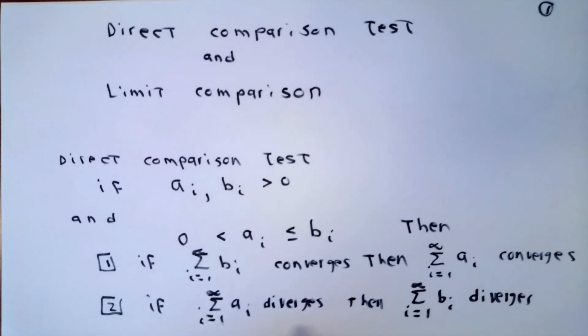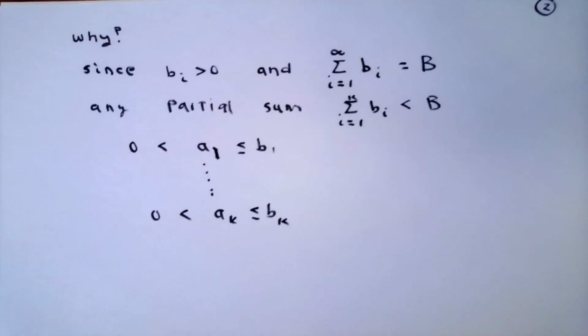If the sum of the a_i diverges, then the sum of the b_i diverges also. The reason for that is not very difficult to see.